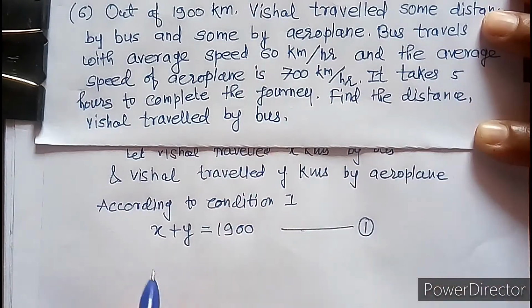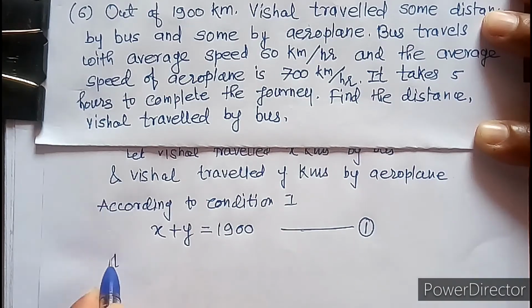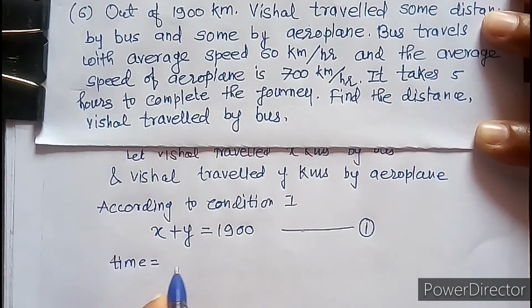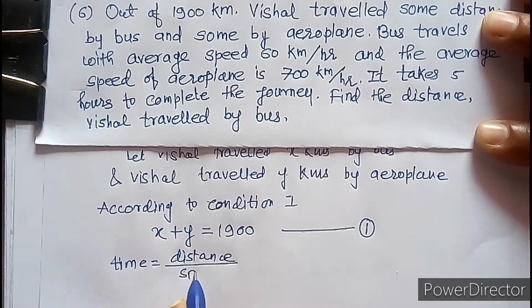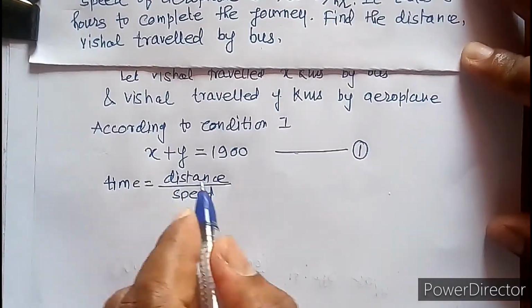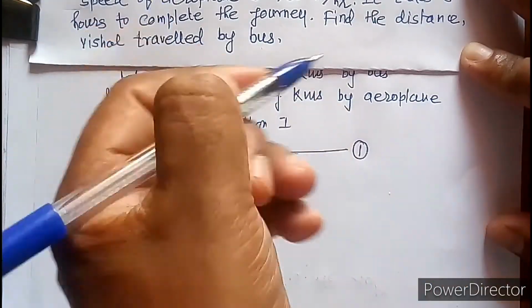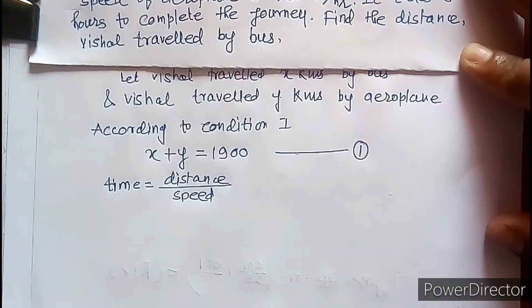Now here we know the formula for time, that is time equals distance divided by speed. This is nothing but the formula for time. Now according to this formula we can calculate the time required for traveling by bus and the time required for traveling by aeroplane.